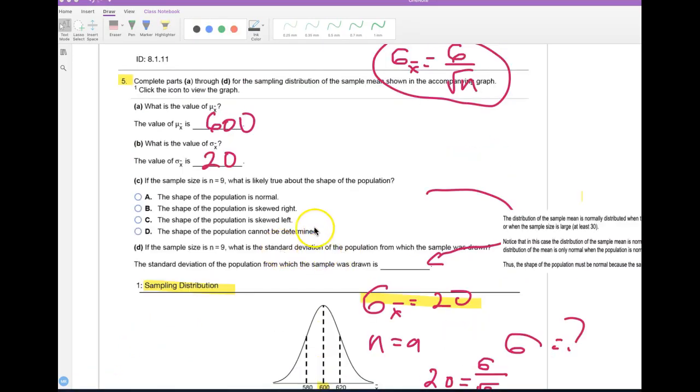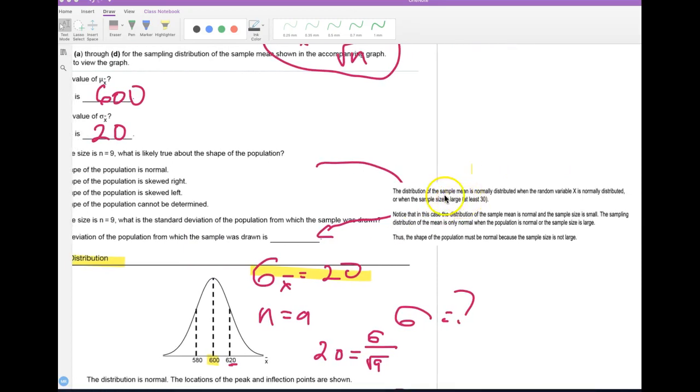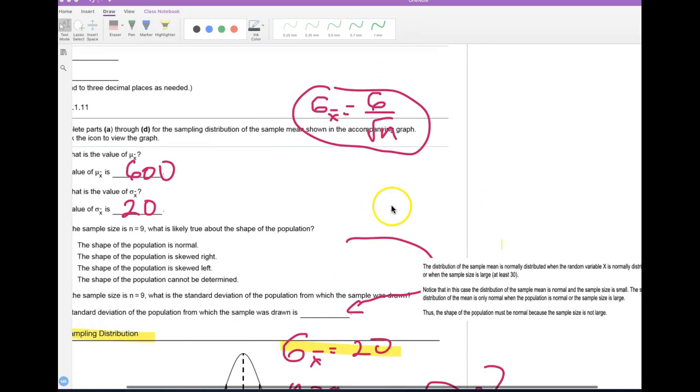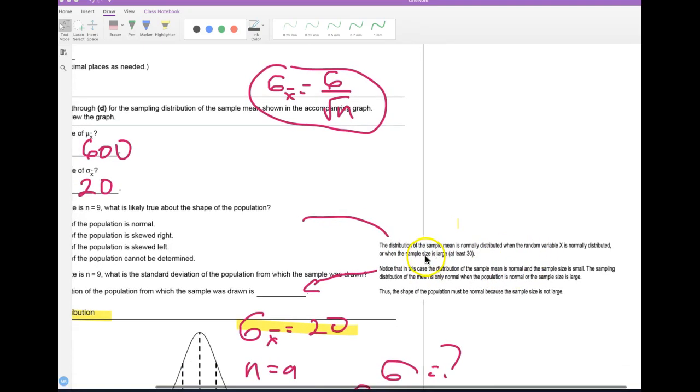Answering this question, remember there's a relationship between the distribution of the sample means and the population. If the population is normally distributed, then the distribution of the sample mean would be normally distributed. We also know that the distribution of the samples will also be normal if the sample size is at least 30 or more.